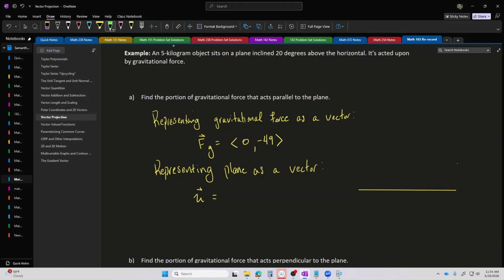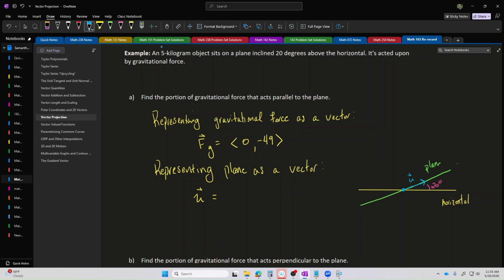So if this yellow bar is my horizontal and my plane is inclined 20 degrees above that, then I'm looking for a vector u that points in the same direction as the plane and makes the same angle with the horizontal.